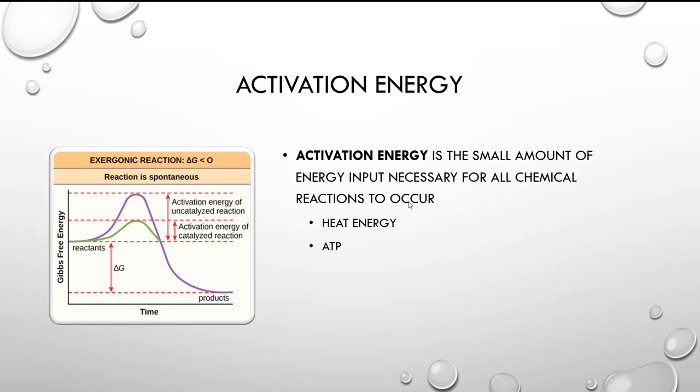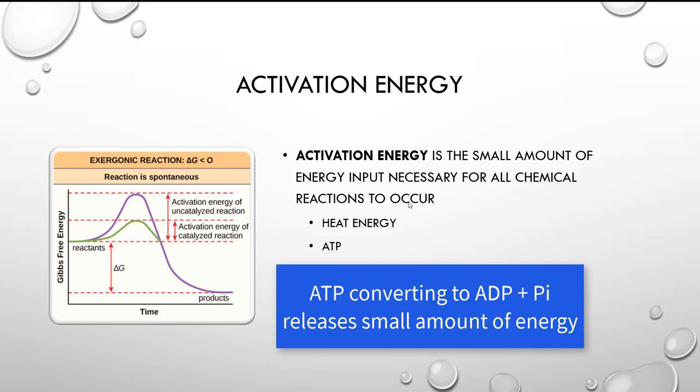Another form of activation energy is ATP. ATP could be just that small amount of energy required to cause that chemical reaction to occur. So heat energy and ATP are forms of that activation energy to get the reaction to occur.